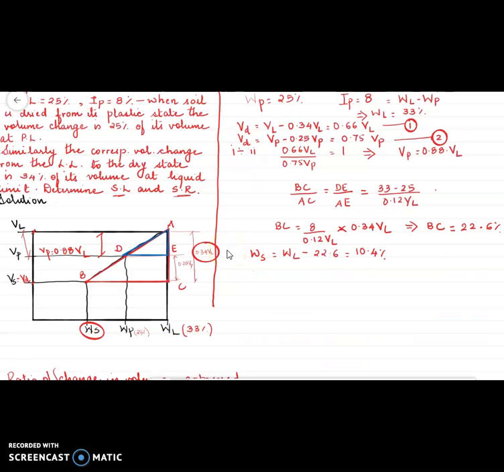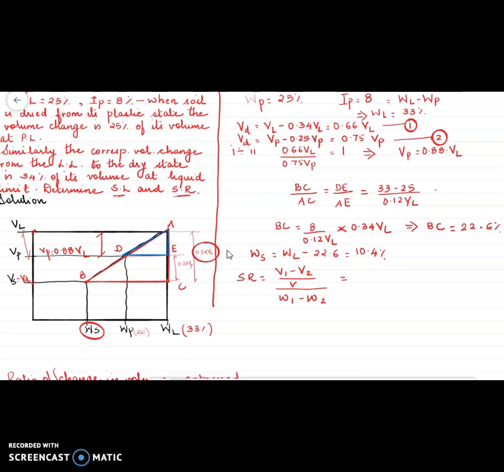So I will just write down the equation. SR, this is what we had solved last time. SR will be (V1 minus V2) upon VD, divided by (W1 minus W2).